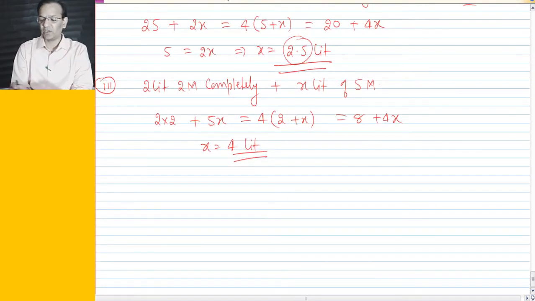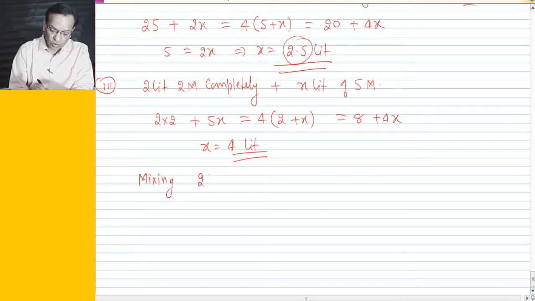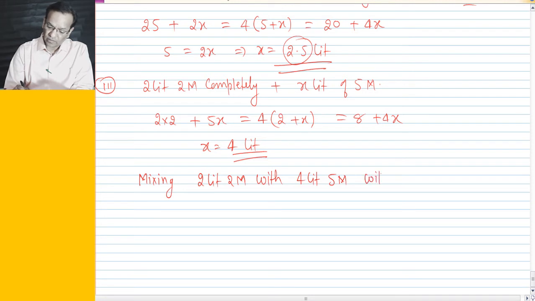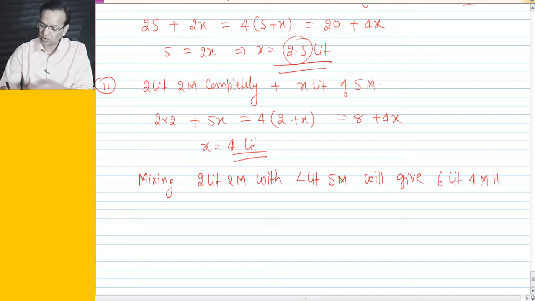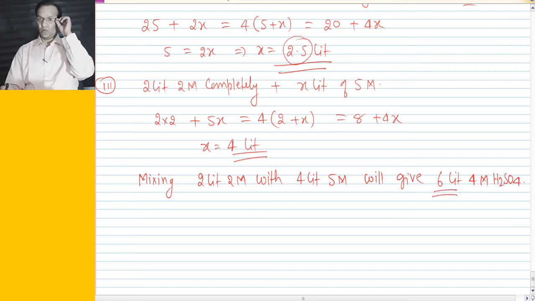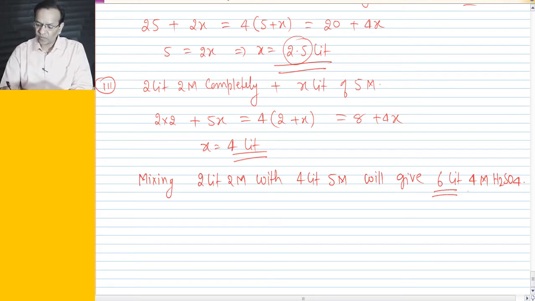So what is the final situation? Now, mixing 2 liter of 2 molar with 4 liter of 5 molar will give 6 liter of 4 molar H2SO4 solution, and this is the maximum volume we could prepare from the given solutions whose molarity will be 4.